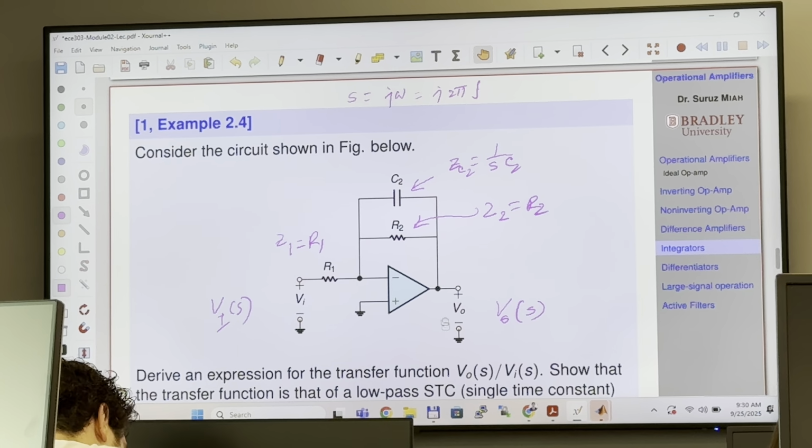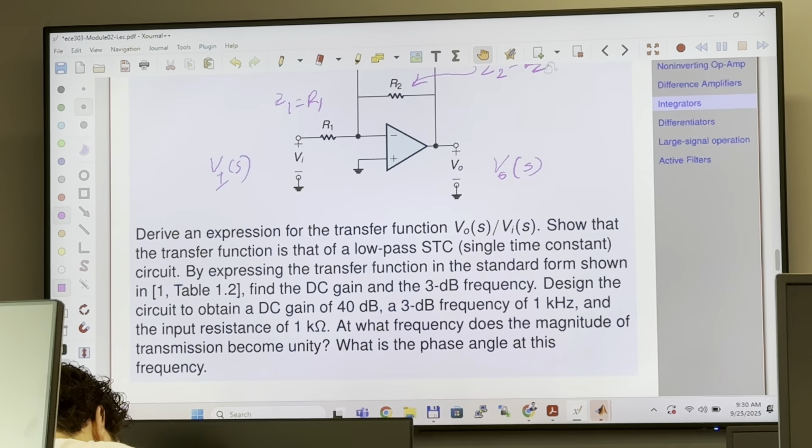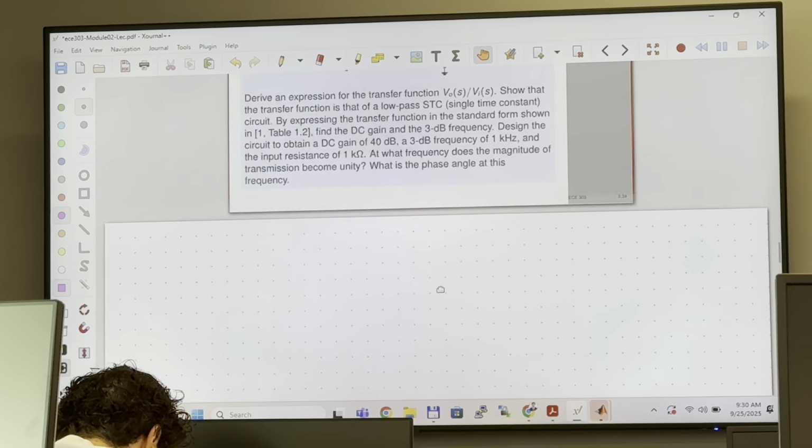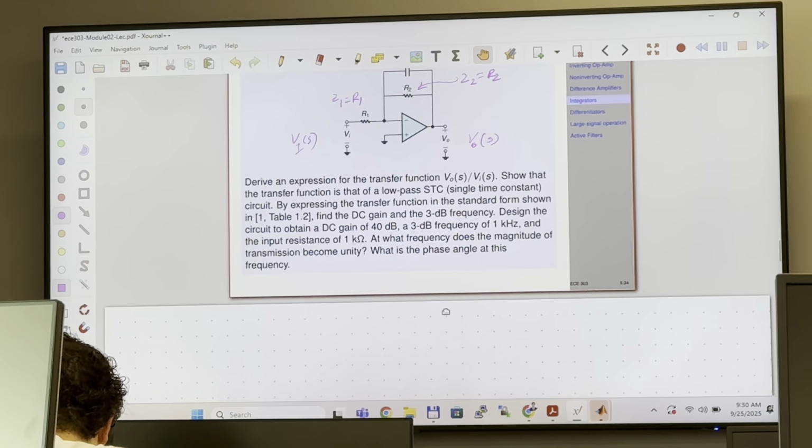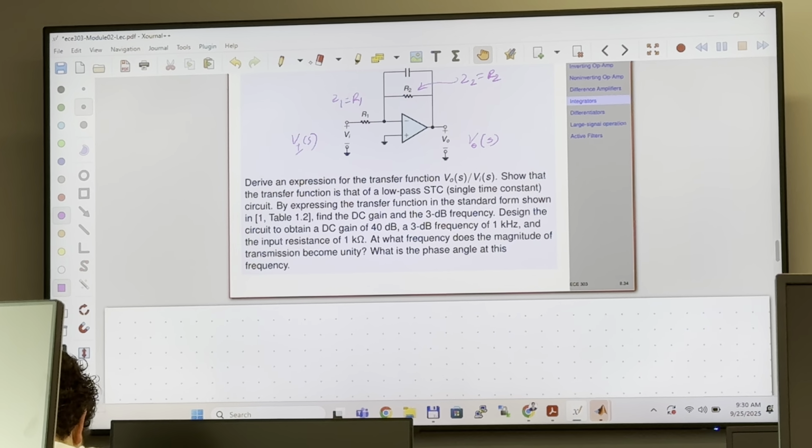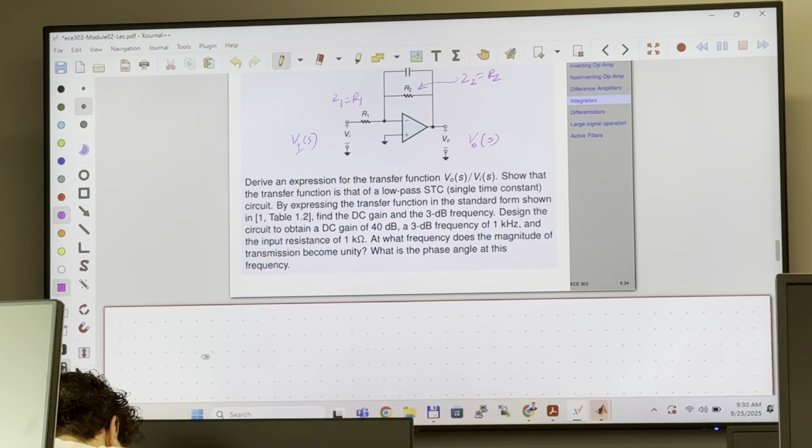So we can redraw this circuit as such. This is the input in the frequency domain.